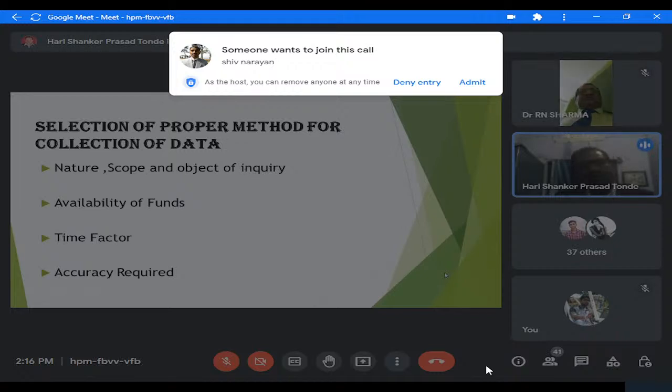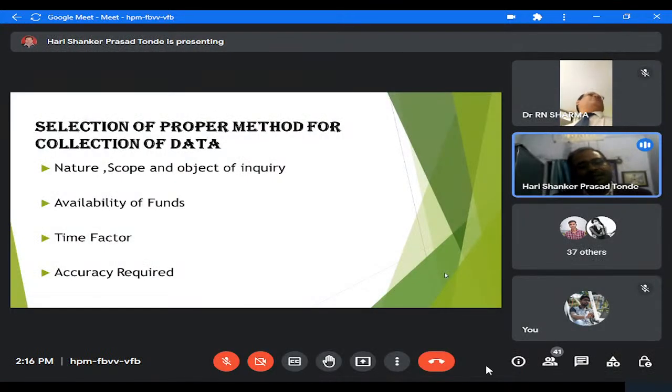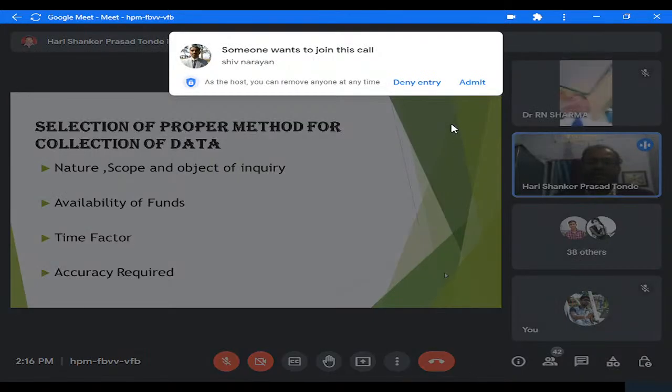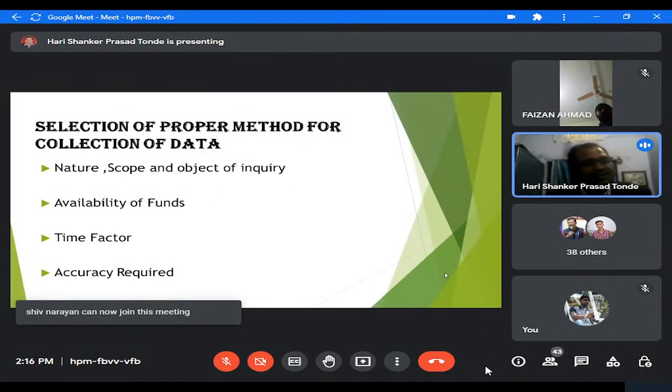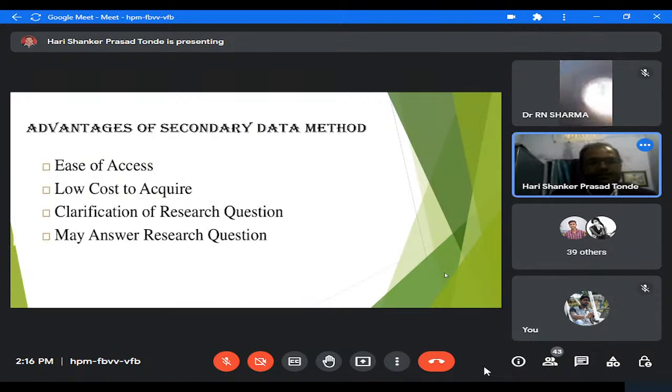Because when we are finding the solution for a research problem, acquiring data, and having research outcomes, the time factor is a major issue. When you have done your experiment on time, the measures are very useful to us, and if it is not timely, it will not be useful. So the time factor is the key. Accuracy required is also there. Definitely accuracy is very useful.